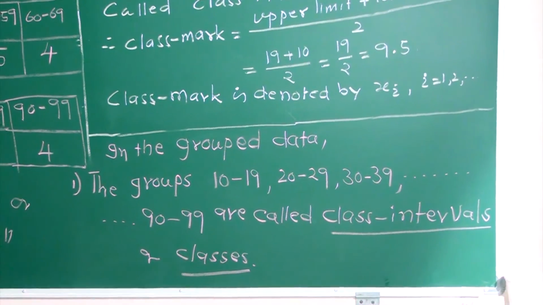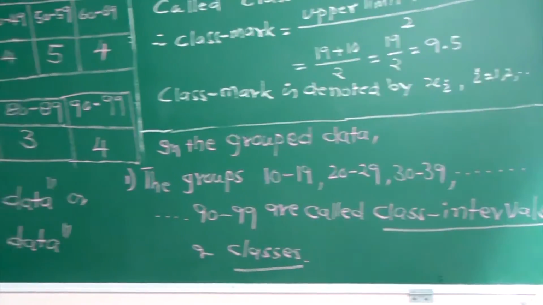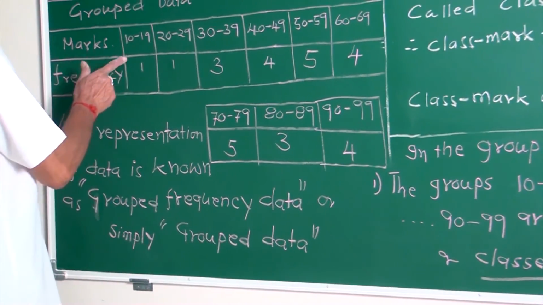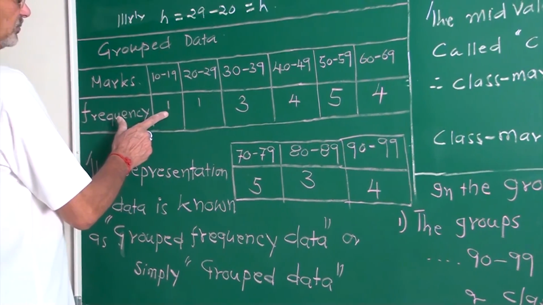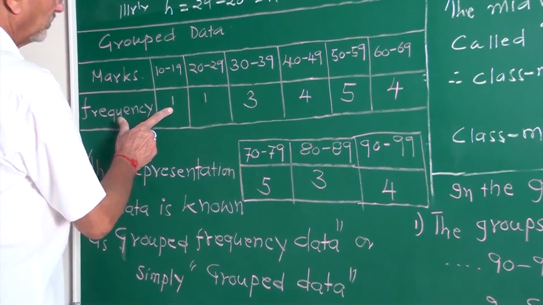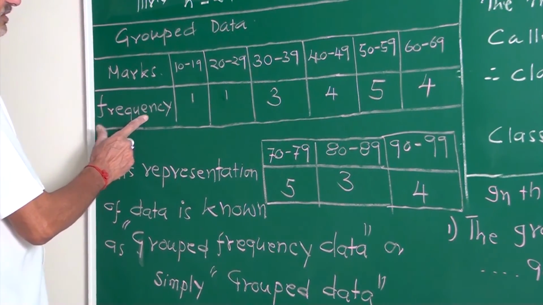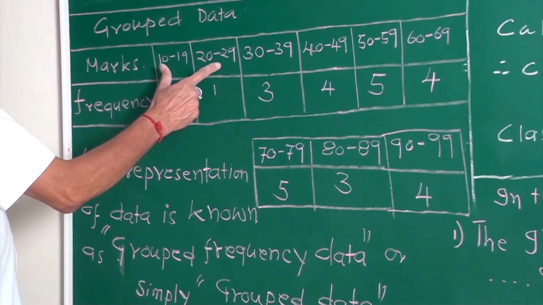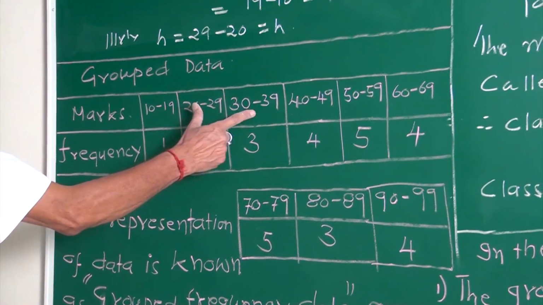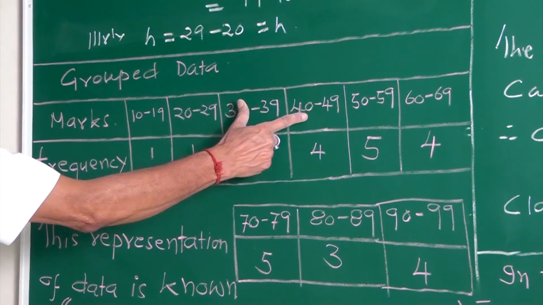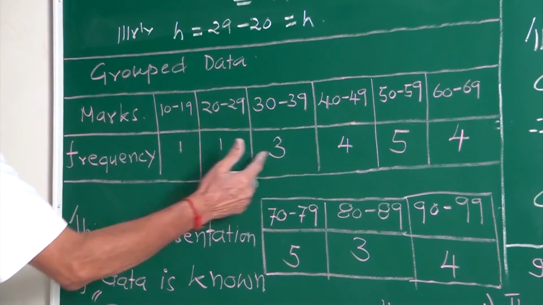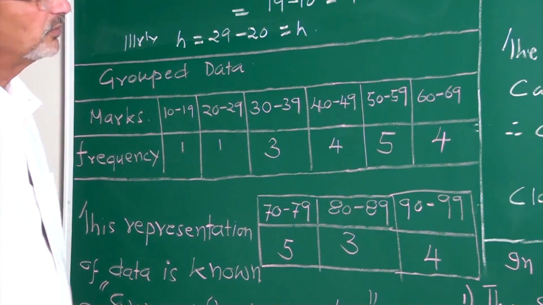In this class interval, another second column comes. In this interval, the number of students is 1. That number of students is called frequency. Frequency of this interval is 1, of this interval is 3, of this interval is 4. These 1, 3, 4 are nothing but the number of students.